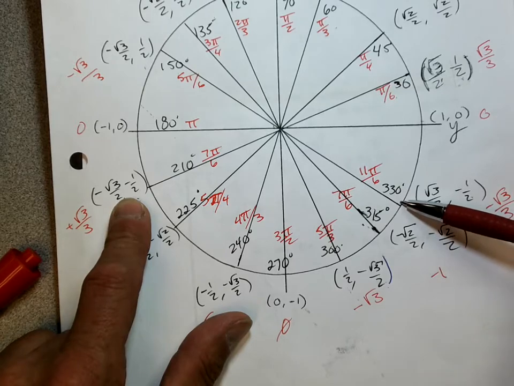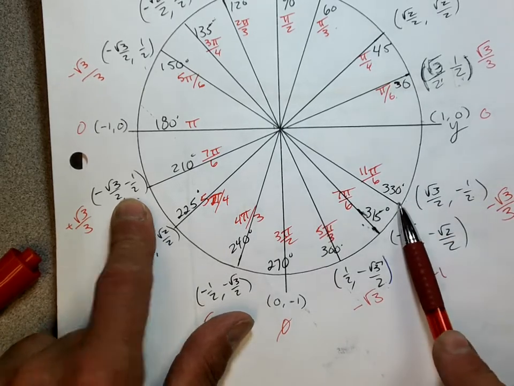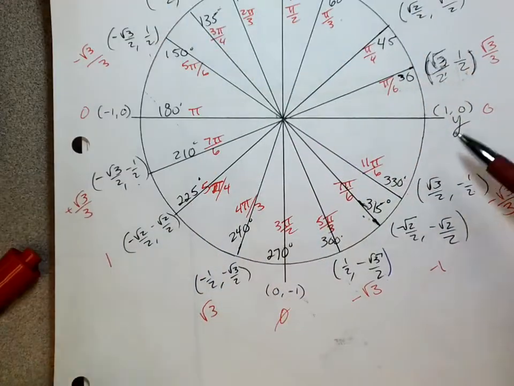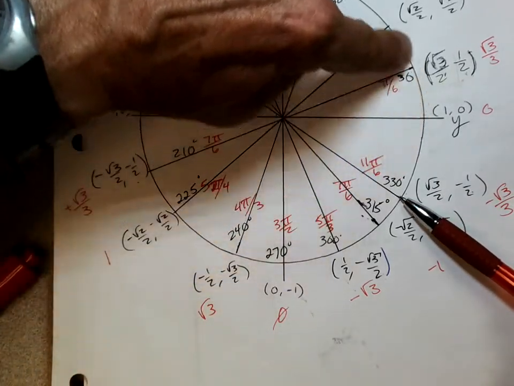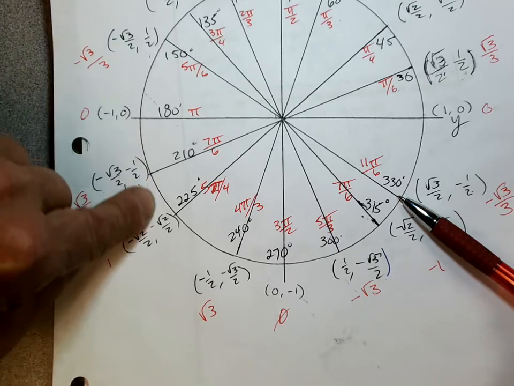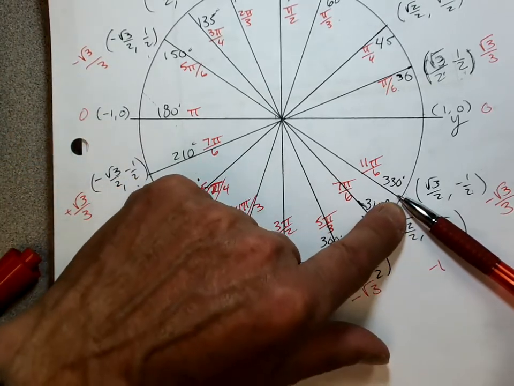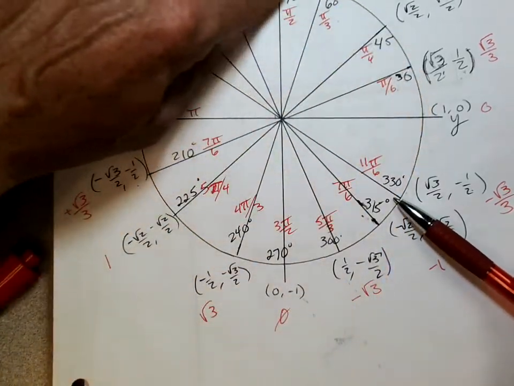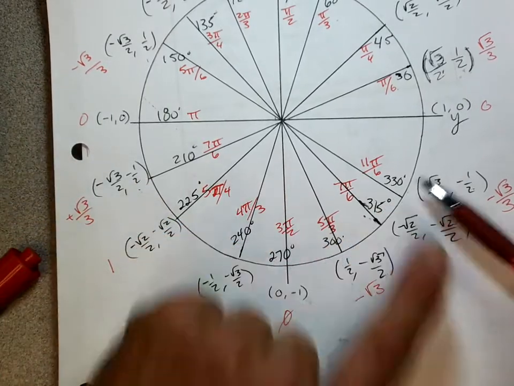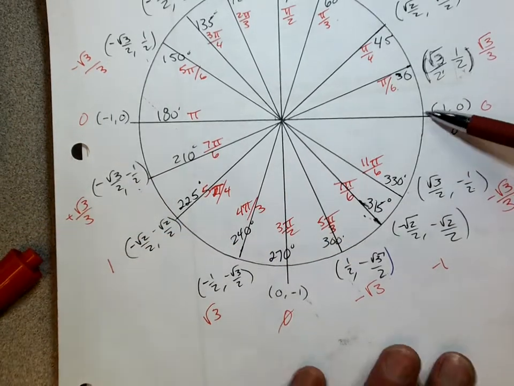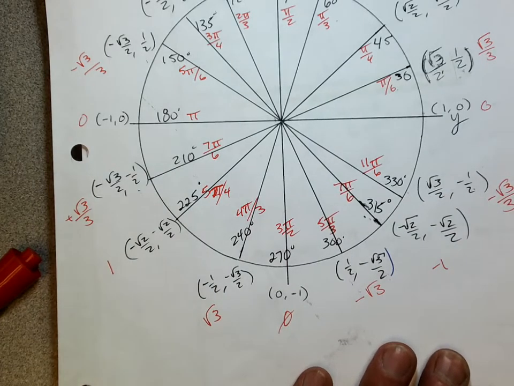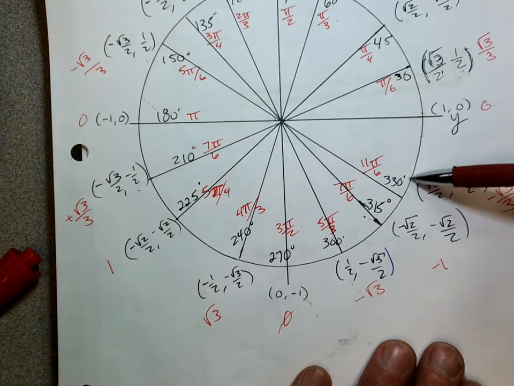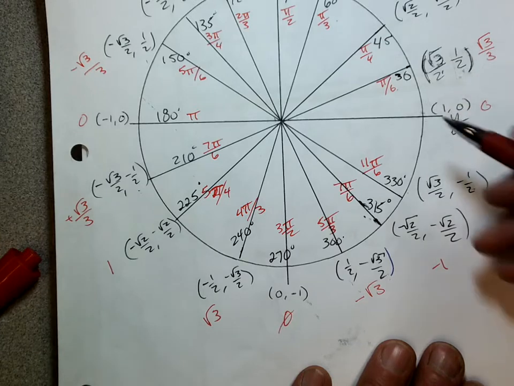But to go to 330 degrees, watch. It looks closer, doesn't it? Negative 1/2, it does look closer. But to get to it, you have to go all the way around to 330. That's not closest to 0. However, if we can go backwards to it, it would be shorter. If I went backwards, I would go back negative 30 degrees.